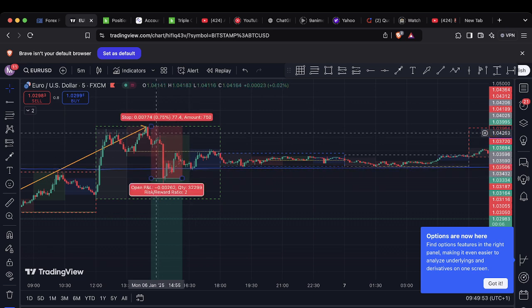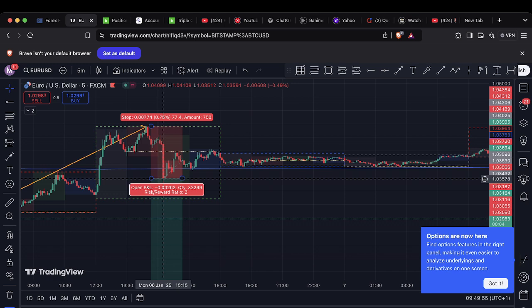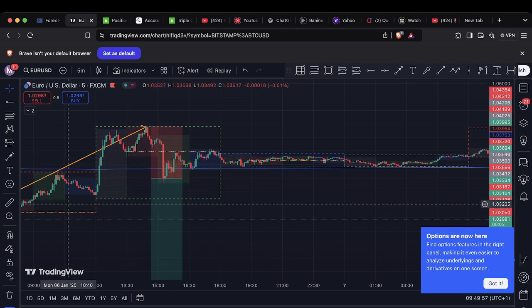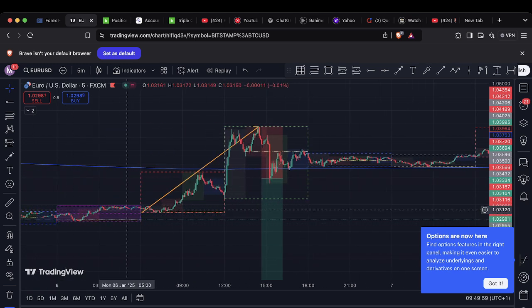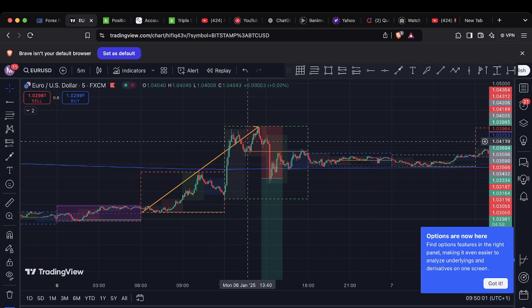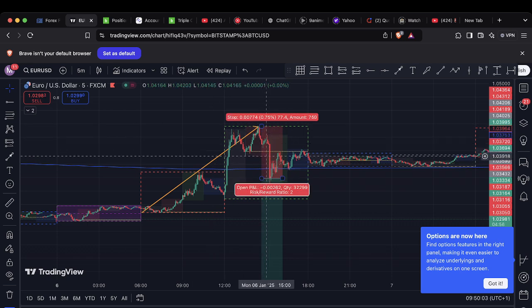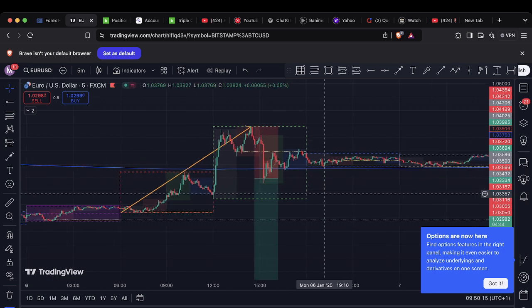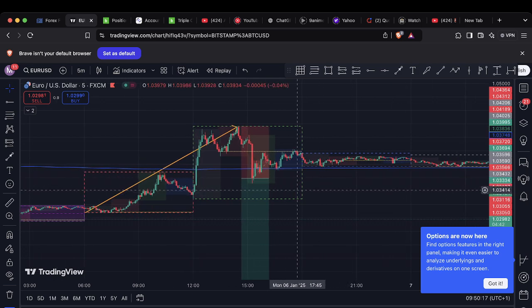So immediately I saw this, I knew that, okay, we had our accumulation here, the market traded up first, and now the market has already broken the internal structure low. Not only that, the candle also closed below the 200 EMA of the 1 hour.